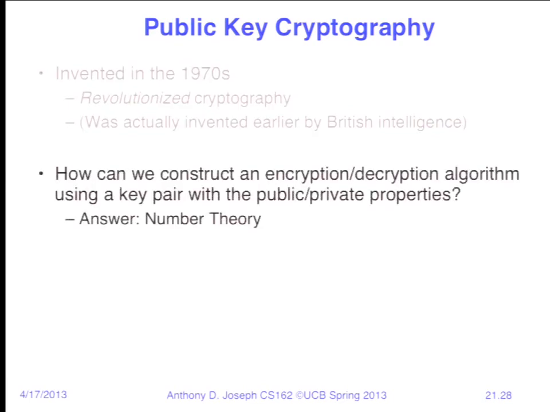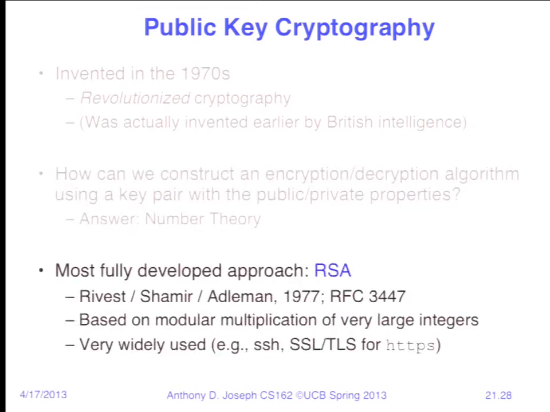Now, the question here is, how do we actually create this key pair that has this property that you can encrypt with one, but not also decrypt with that, and you can decrypt with the other, but not also encrypt with that? Number theory is the answer. So the most successful version of asymmetric public key cryptography is the RSA algorithm, developed by Rivest, Shamir, and Adleman back in 1977, based on modular multiplication of very large numbers.